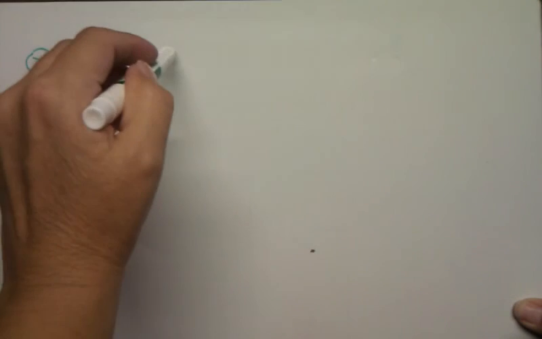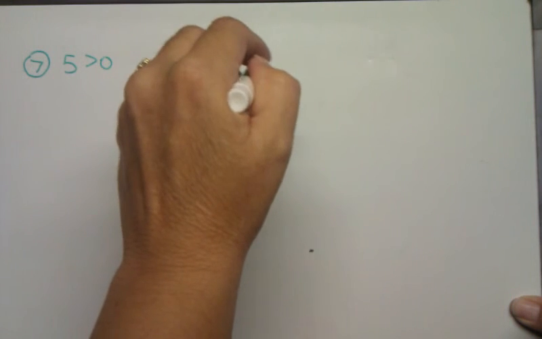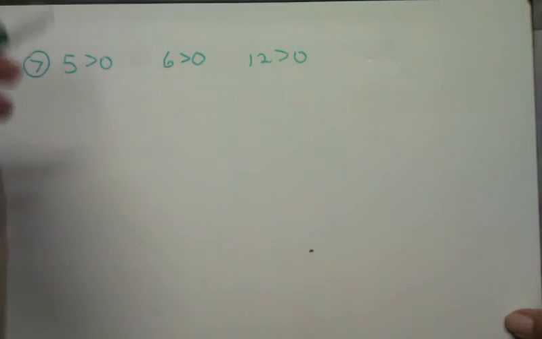Okay? Let's look at number 7. Number 7 says 5 is greater than 0, 6 is greater than 0, 12 is greater than 0. Okay, conclusion.